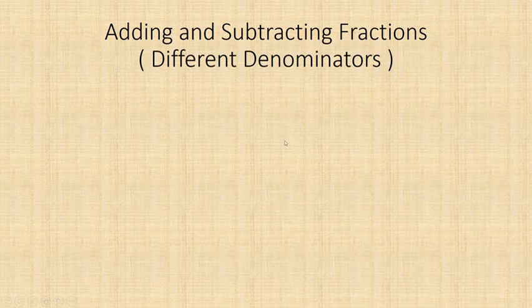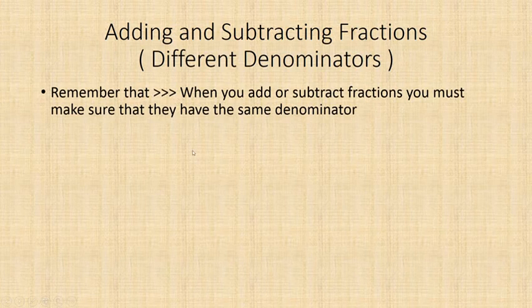Okay, so let's jump to the other part of this lesson. Adding and subtracting fractions, but with different denominators. I want to remind you: when you add or subtract fractions, you must make sure that they have the same denominators. For example, 5 over 8 minus 3 over 10.